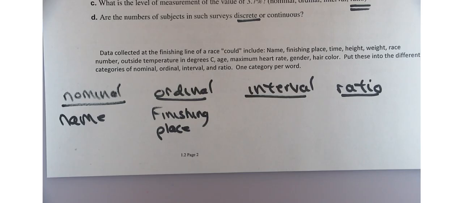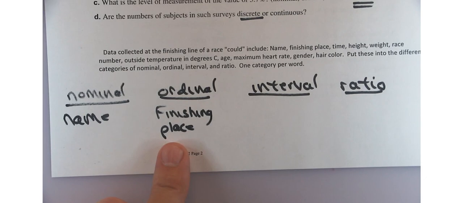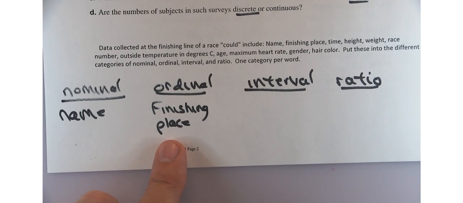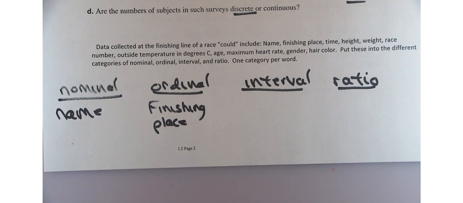Question? Why wouldn't that be interval? Well, you could subtract them, that's true, but the gaps between first and second and third might not all be the same. I was giving somebody up here an example of the Tour de France, which is something I like to watch. It's a bike race, and after 120 miles of racing, the first 4 finishers finished within a tire length of each other.